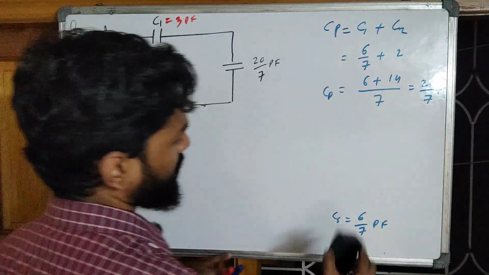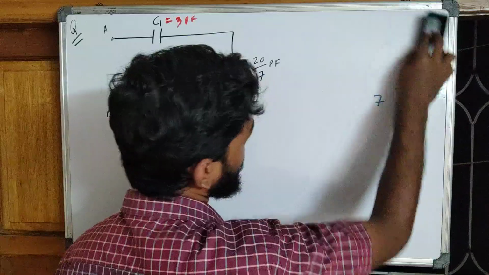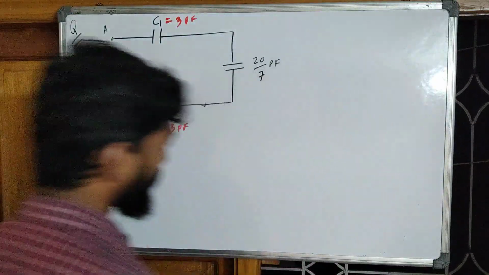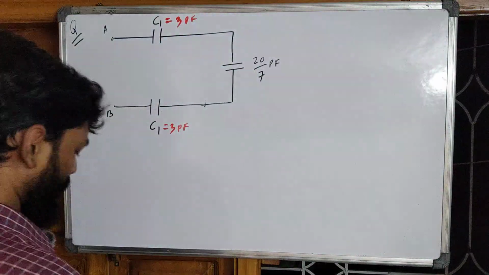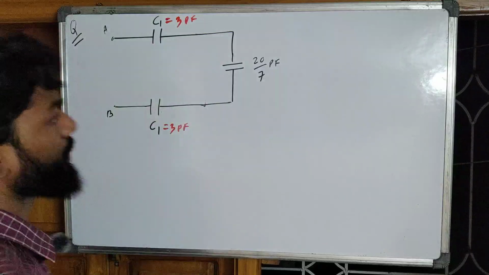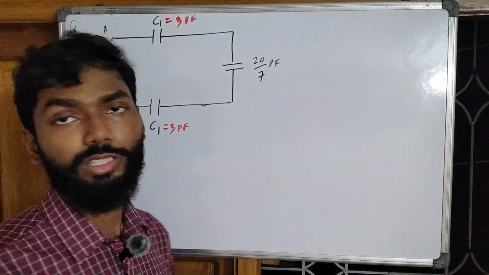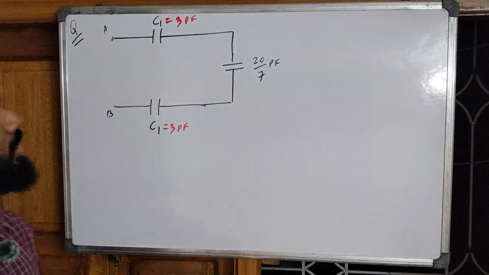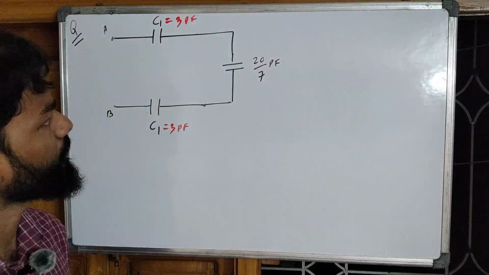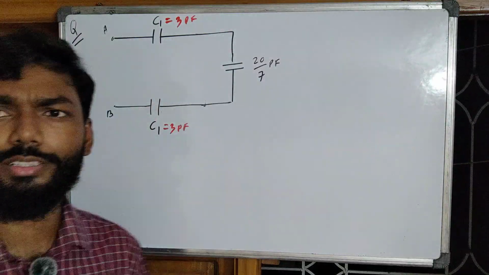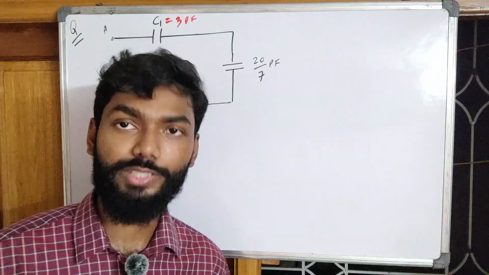I guess this is quite clear, as you have solved quite a lot of problems by now. These three are in series or parallel? You can conclude that as long as they are connected by the same wire, they are in series combination.